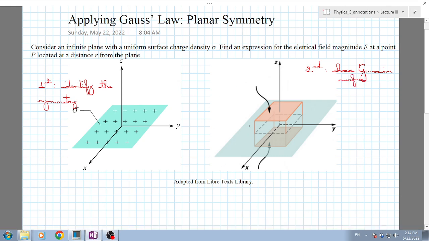And now I chose, since we have symmetry in the z-axis, it doesn't matter if I choose a box, or I could choose a cylinder too, like this.